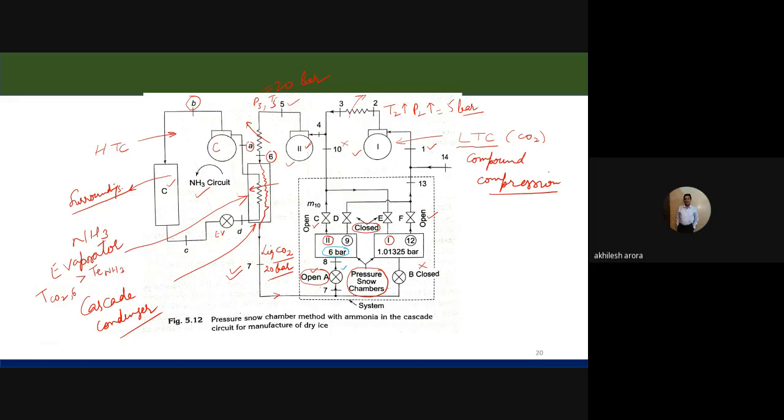All three phases coexist, and this pressure is higher than that. So here the CO2 can exist in two phases only: one is the liquid and the other is the vapor. So in snow chamber number 2, the CO2 is existing in liquid plus vapor form. So this is about this snow chamber actually.